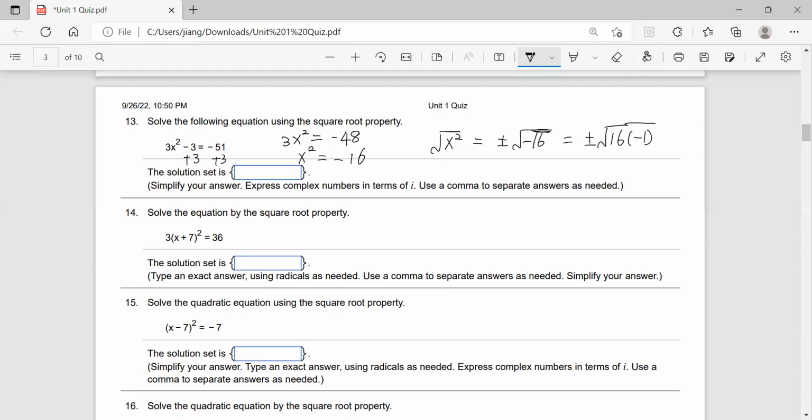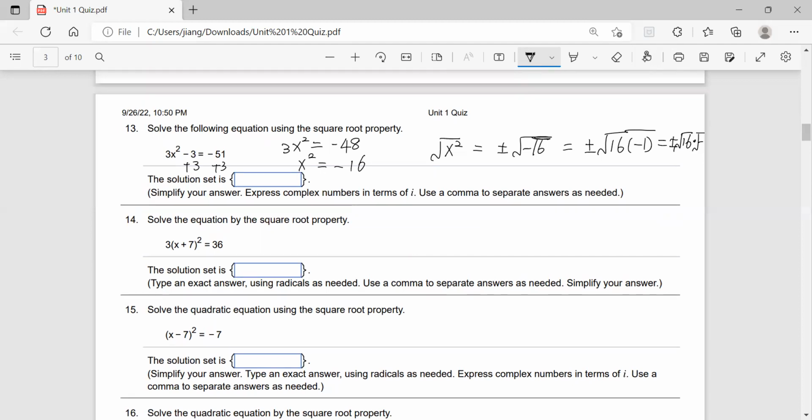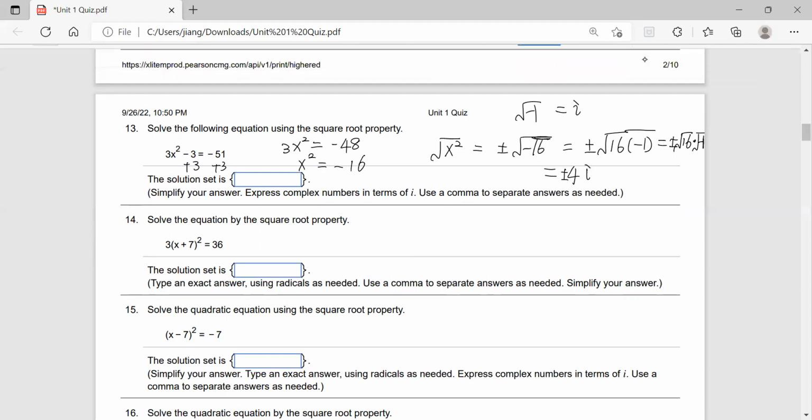You can break it down into 2 parts, plus or minus square root of 16 times square root of negative 1. So this one is positive negative 4 because the square root of 16 is 4. Square root of negative 1, that's the imaginary number i. So we got positive negative 4i.